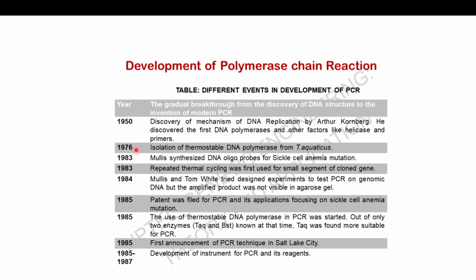approximately 3 decades later, you have isolation of thermostable DNA polymerase from Thermus aquaticus. Thermus aquaticus is a bacterium which grows in thermal vents and can thrive at really high temperatures.